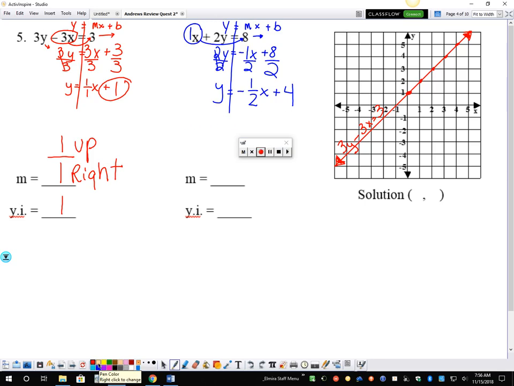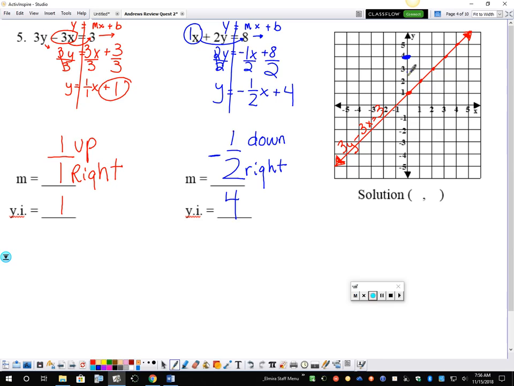My m for my second equation is negative 1/2. Oh, I gotta switch colors. And we begin on 4. Okay, so I begin on 4. Negative means go down, and 2 to the right.